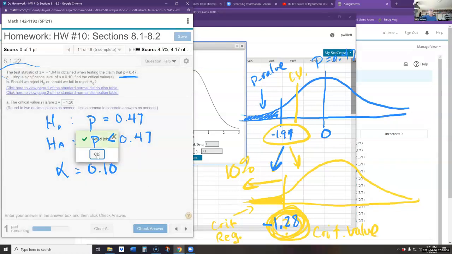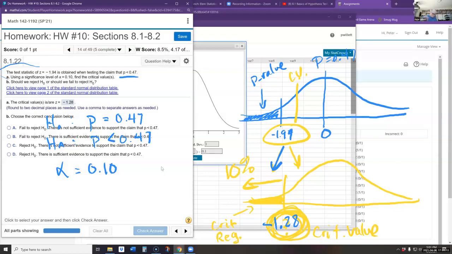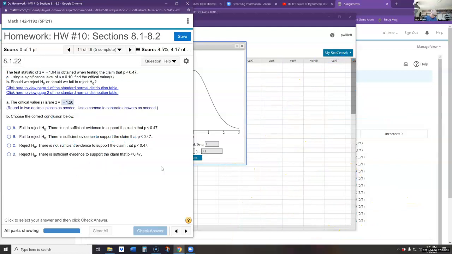So it's happy with that. Now, based on this, the question is, do we choose the correct conclusion below? Do we fail to reject the null, or do we reject the null? And what do we conclude based on that? Let me clear all my stuff here. We got a critical value of negative 1.28, and we compare that to the test statistic of negative 1.94.